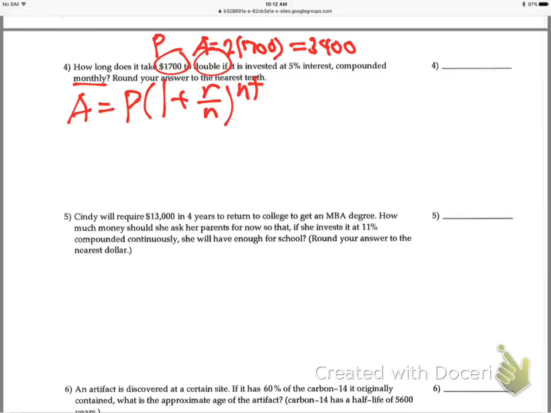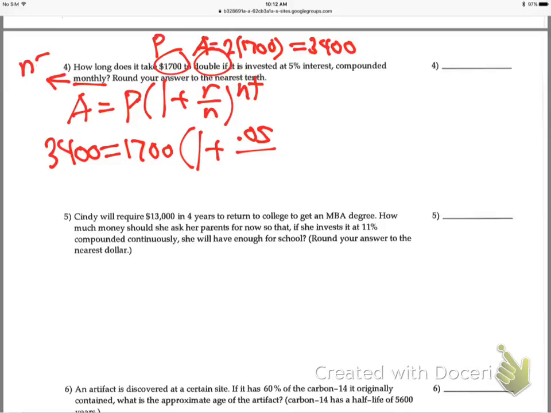All right, so that means 3,400 is 1,700 times 1 plus R, what's the interest rate? 5%. N, what's N? Yeah, monthly. N is 12. To the 12, and what? And T is what we're looking for, huh? They said how long? Okay, so you're with me to there.